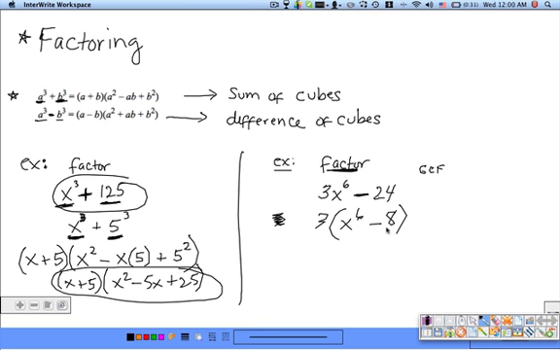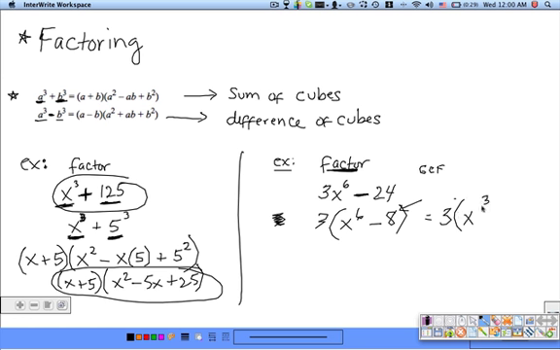Now, you may not think this is a cube. You have to look at 8 and say, is 8 a cube? Well, I'm going to rewrite it. Off to the side, I'm going to put 3, parenthesis. Instead of x to the 6, that is a cube.